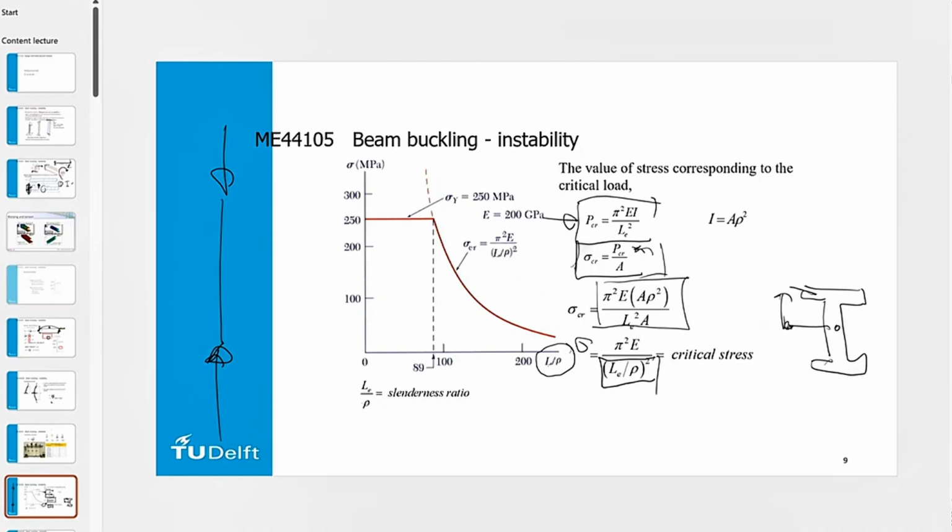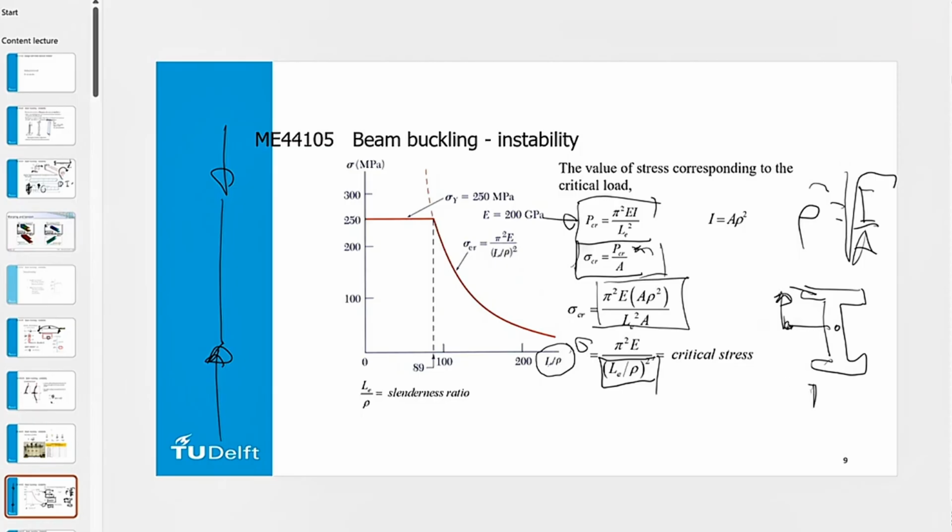So that is the slenderness ratio. So rho squared, that is I divided by A. So that is the moment of inertia divided by A, and then the square root of that. And that is the radius of gyration. So the physical thing is what is the average distance to the neutral line?